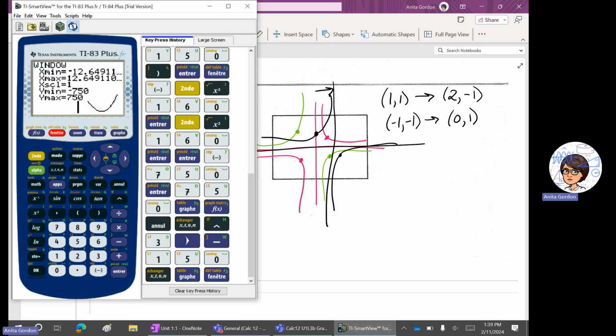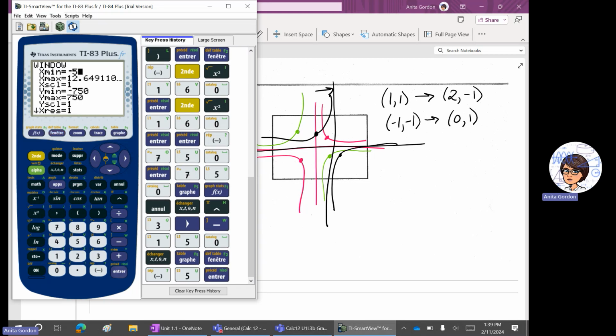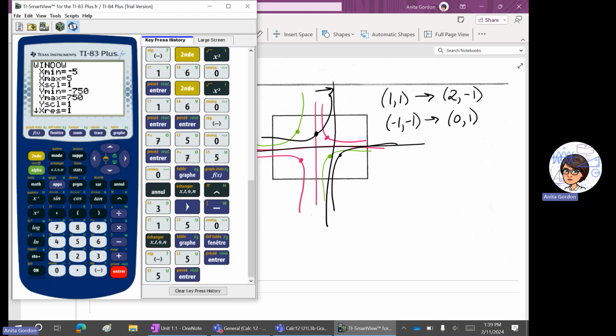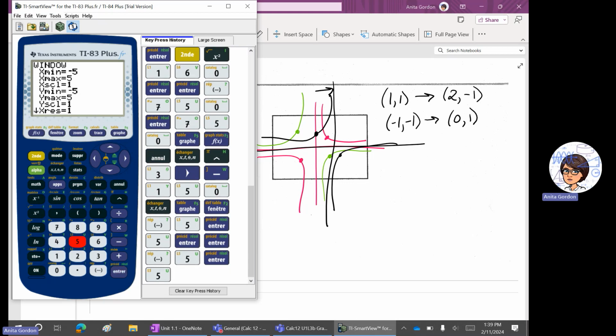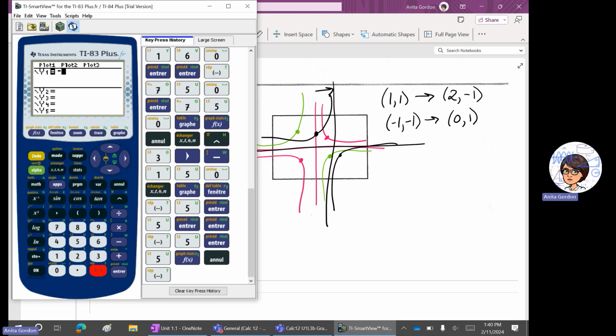So I'm going to go back to our window and we're going to go from -5 to +5. And same thing with the y. We don't need to go very far. -5 and +5. I'm going to go to my y equals button. I'm going to clear that function there, and I'm going to write -1.